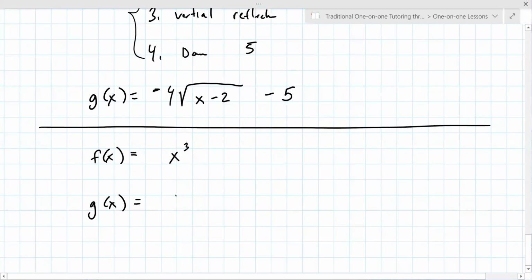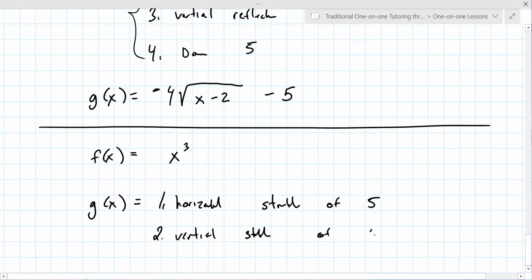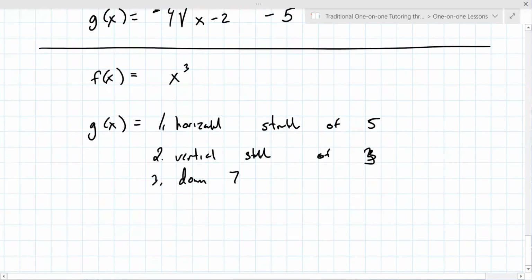It has a horizontal stretch of 5. It has a vertical stretch of 3, and it is down 7. Give that one a try, please.